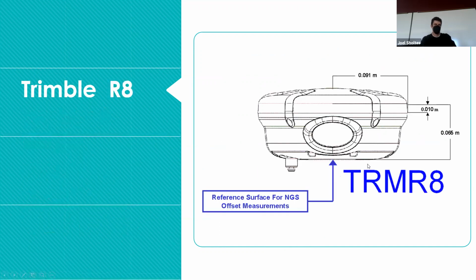And here's our R8 units, and we're measuring to the bottom of the R8. What this is showing is how high you get to the antenna reference point. The antenna phase plane is exactly where the GPS signal hits the antenna. This stuff is really in the weeds, but it's important because that's the distance from the satellites all the way to your antenna point, which then is connected all the way to the ground.